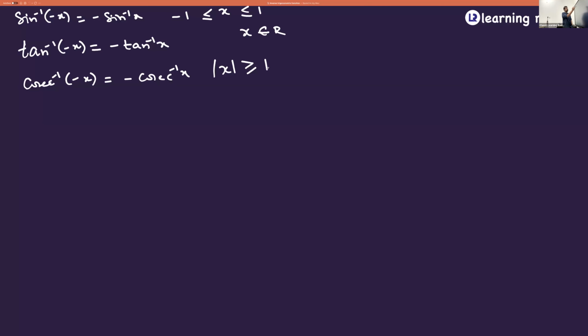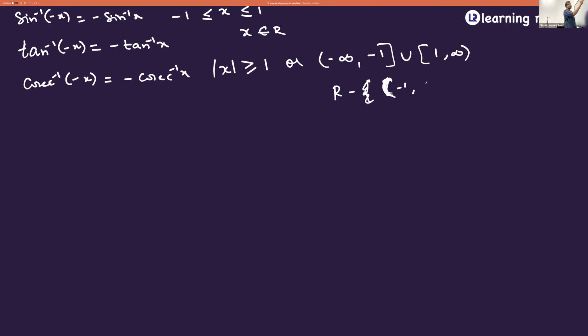This also implies minus infinity to minus 1 union 1 to infinity. Minus 1 and 1 are included, right? All the three mean the same.